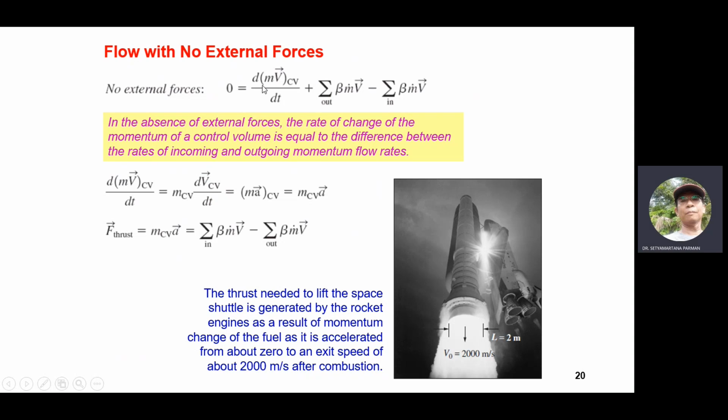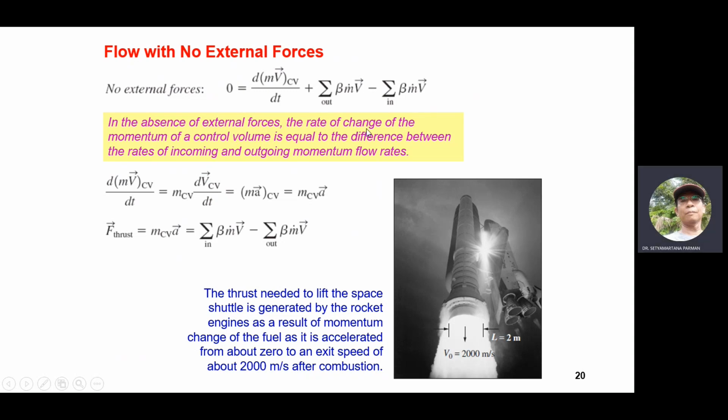So we have 0 equals d(m v)cv over dt, plus the total summation of beta m dot v at the outlet, minus the summation of beta m dot v at the inlet.